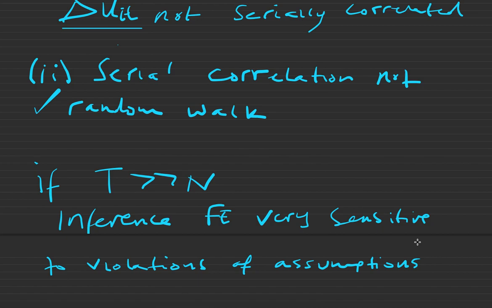Whereas the first difference can rely on the central limit theorem and asymptotic results because the first difference transforms an integrated time series into a weakly dependent process.